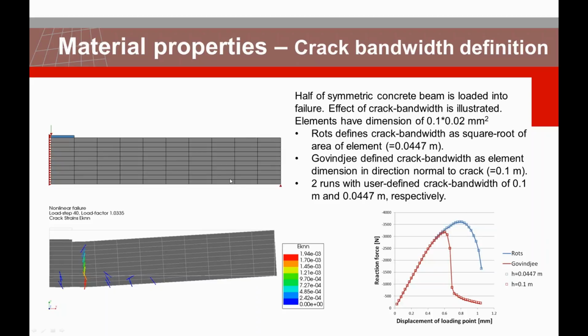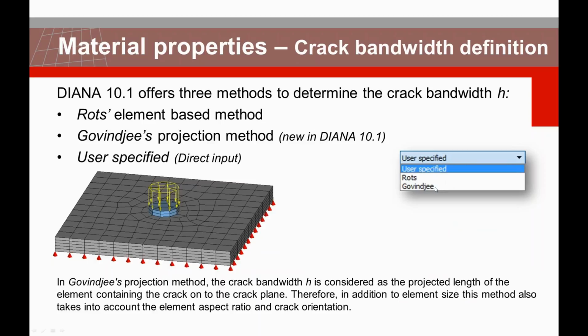Otherwise, if there is no aspect ratio in the element, both types of crack bandwidths are more or less giving the same behavior, either the regular one or Hovenje.